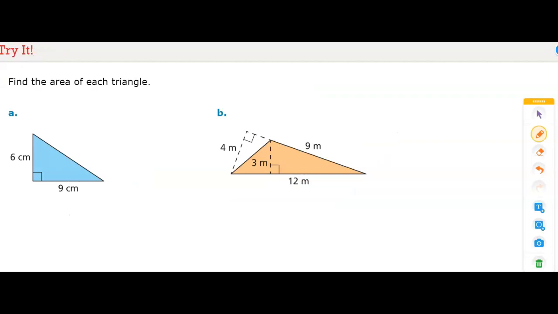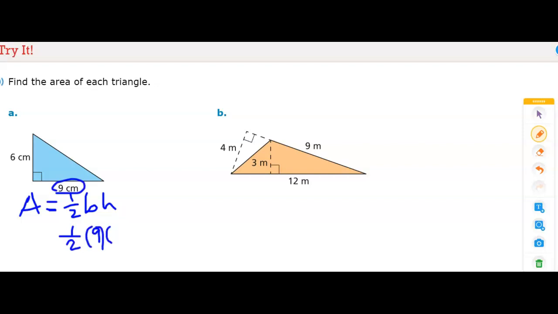Find the area of each triangle. We have A, 6, and 9. So we have our formula: area is equal to 1/2 times base times height. And so the base could be 9, so we're going to substitute the B for 9.